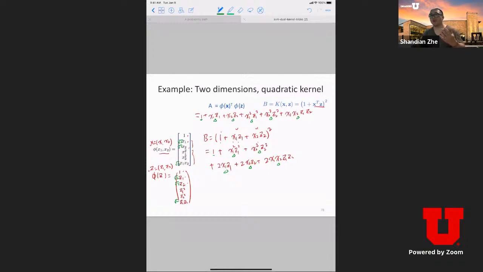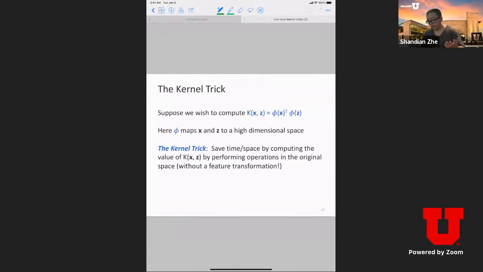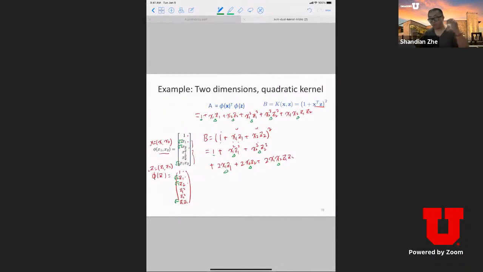So what can we say from comparing the computation results for A and B? We do this manually. What kind of things can we reflect? You can see that both computations yield the same results, but the complexity is totally different. If you compute A, you first perform feature mapping and then calculate the inner product. As we analyzed before, the time complexity will be O(n squared).